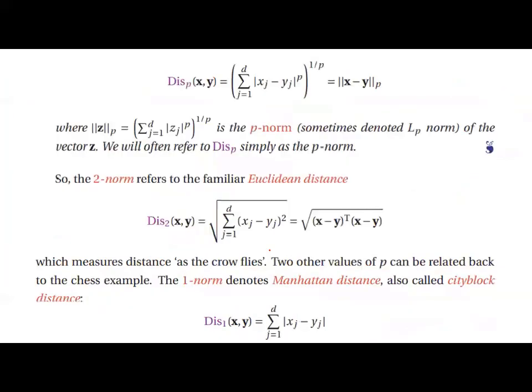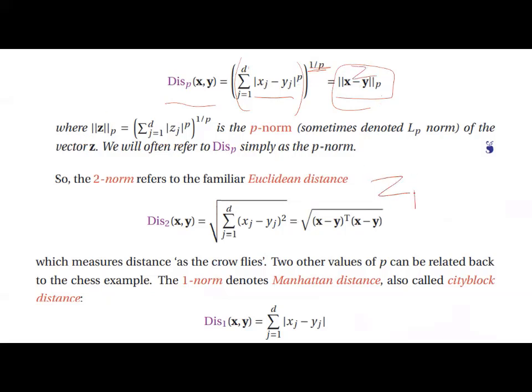Now, if you consider, we are all going the theoretical way. dist_p(x, y) is equal to the sum over j equal to 1 to d, where d is the dimension, of modulus of xj minus yj whole power p, the whole power 1 by p, and represented as the norm of x minus y, base p, where this is taken as z.